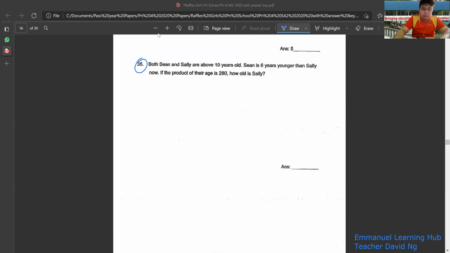Okay, 35. Both Sean and Sally are above 10 years old. Sean is 6 years younger than Sally right now. If the product of their age is 280, how old is Sally?